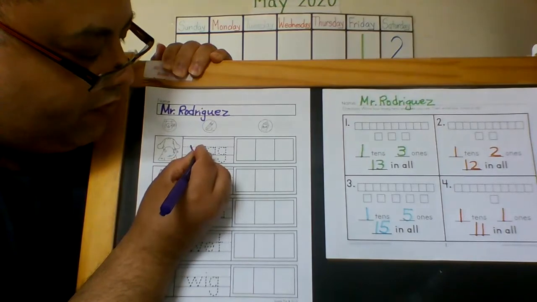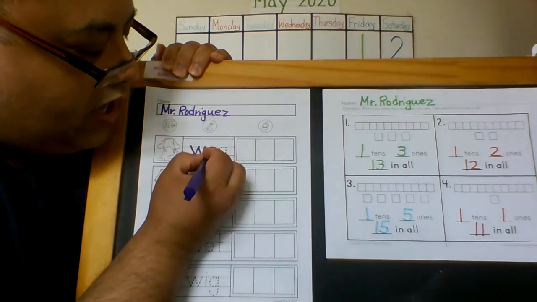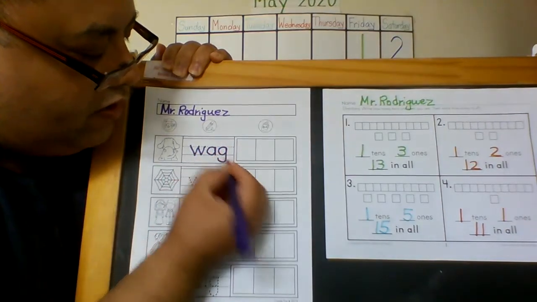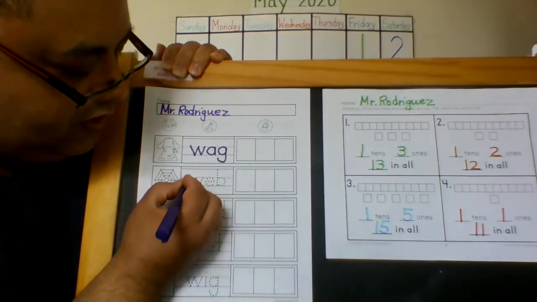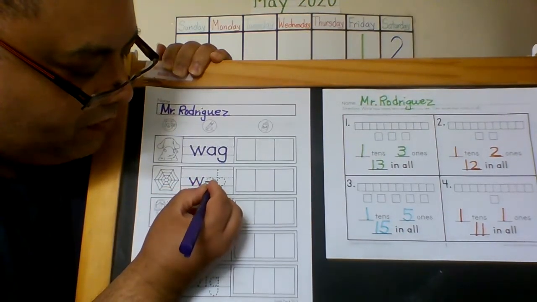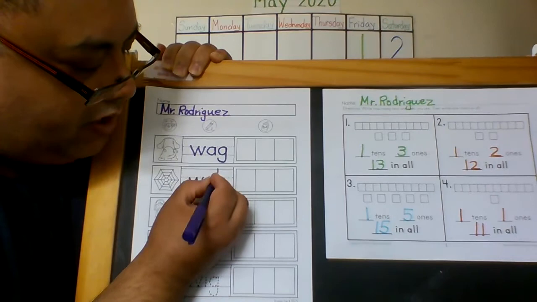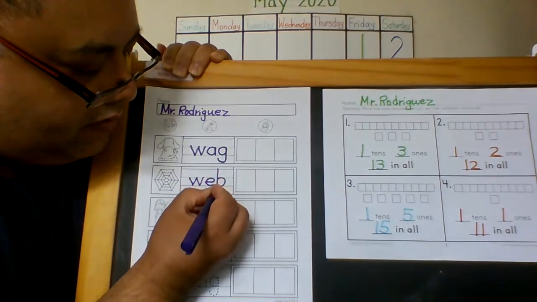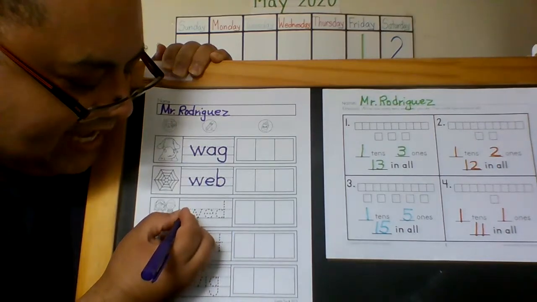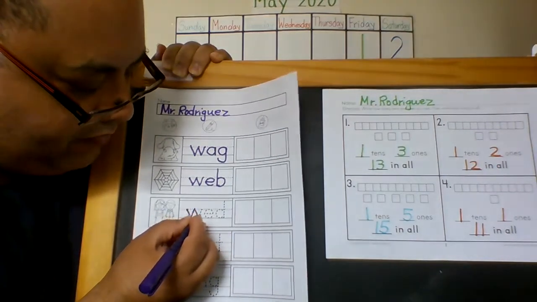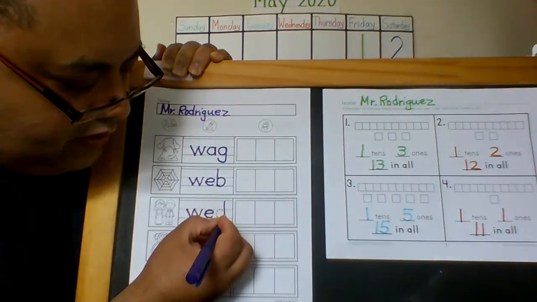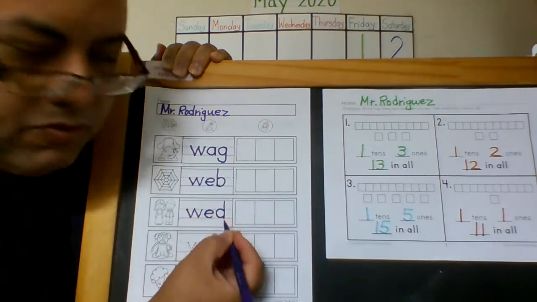W, repeat after me, A, G, wag. Web, W, E, repeat after me, B, web. Wed is W, E, D, wed.